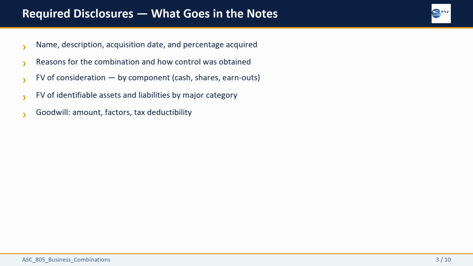ASC 805 requires extensive disclosures for significant acquisitions in both the period of acquisition and subsequent periods. In the period of acquisition, you must disclose the acquiree's name, description, acquisition date, and the percentage of voting equity acquired. You explain why the combination was pursued and how control was obtained.